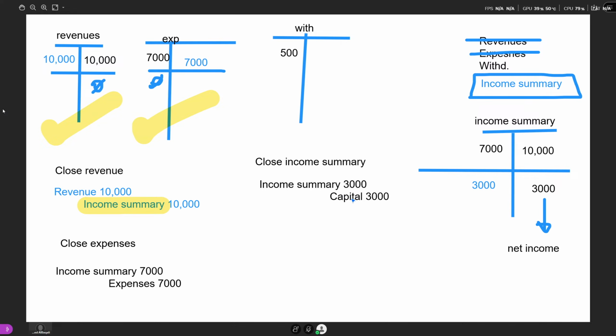Because your capital increases on the credit side, and if you think about it, the net income that we make, if you remember when I showed you the financial statements, I told you the net income will eventually be saved on the balance sheet. In which account exactly on the balance sheet? On the capital account. So what you need to do is to close income summary. You will debit income summary and credit capital. Now by doing this, I also close the income summary.